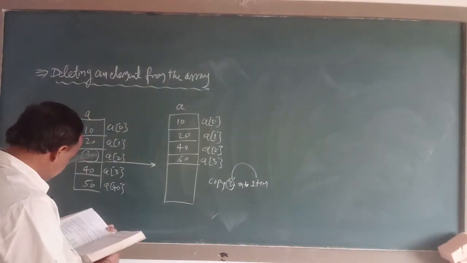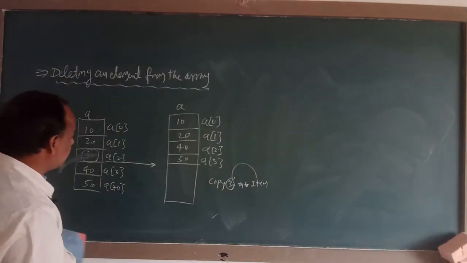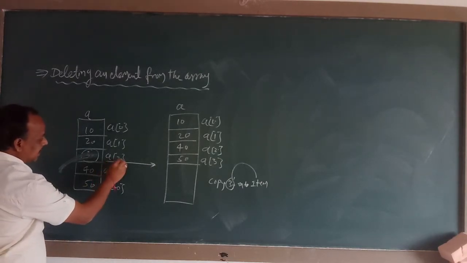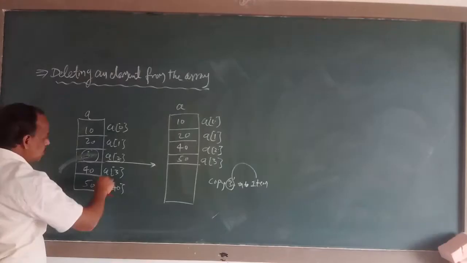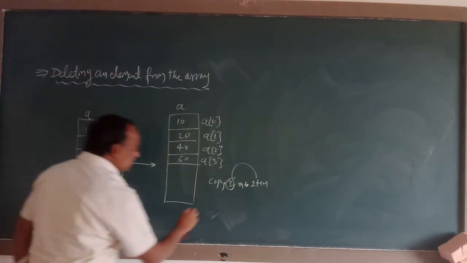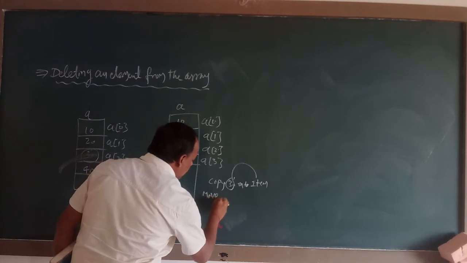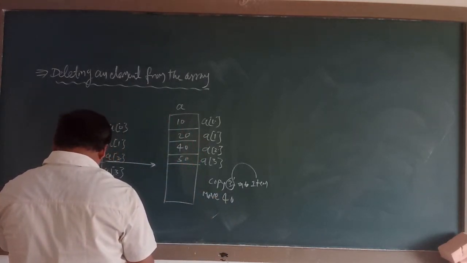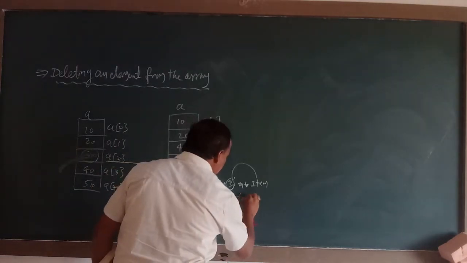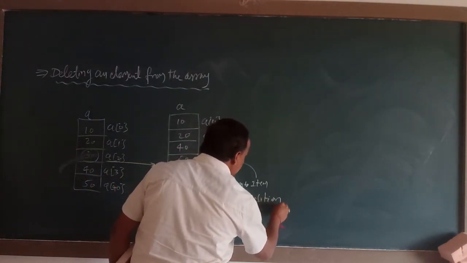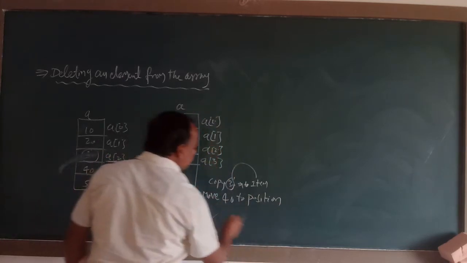Afterwards, move 40 to position 2. The A of 2 element is deleted, so the next position is A of 3, which holds 40. Move 40 to position A of 2.